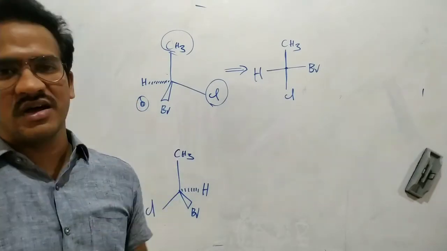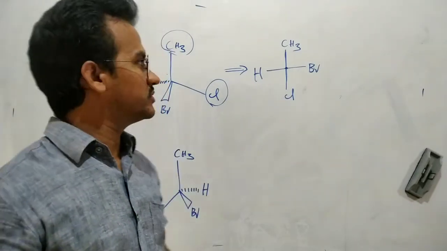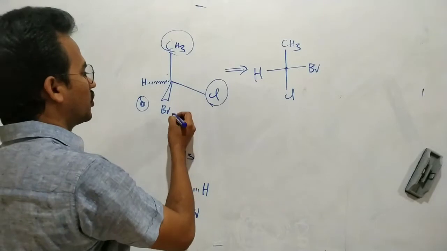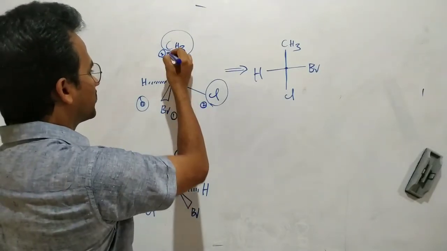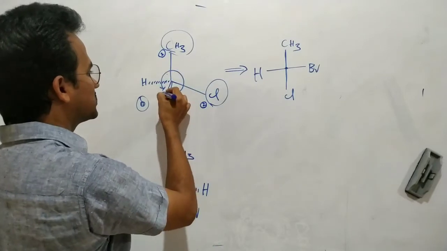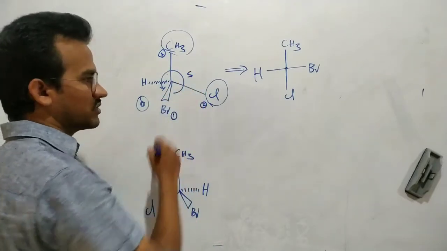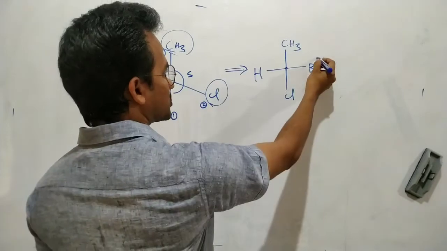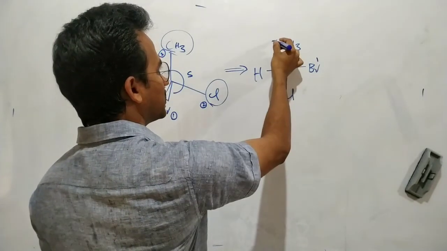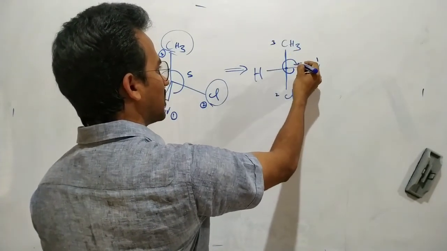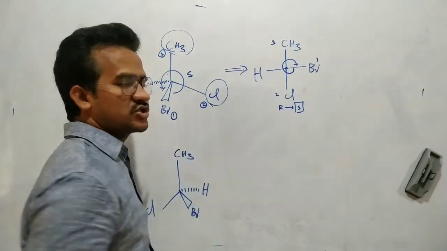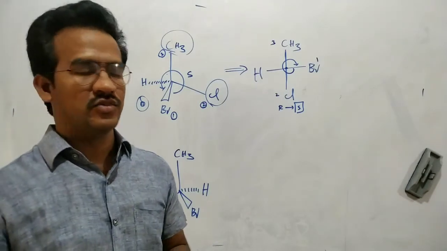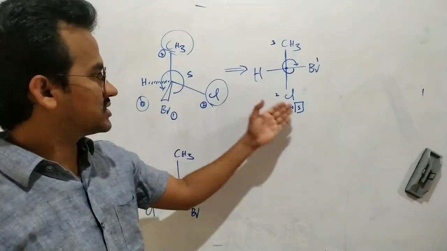Of course you can check the RS configuration also. Bromine is first priority, chlorine second priority, and this is the third priority. So 1, 2, 3 is anti-clockwise direction, S configuration. Now check this one: first priority, second priority, third priority, 1, 2, 3 is clockwise, R, but you should take the reverse because the least priority group is on the horizontal line. So exactly S configuration here, and S configuration here also.